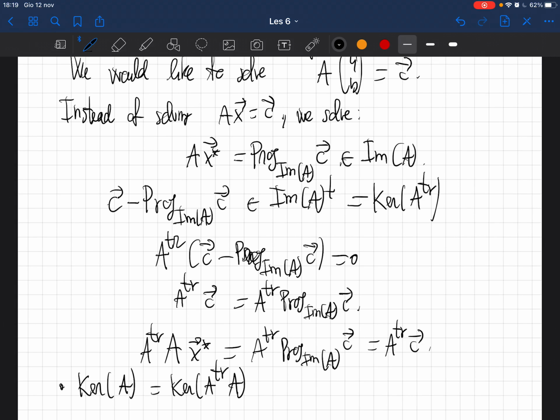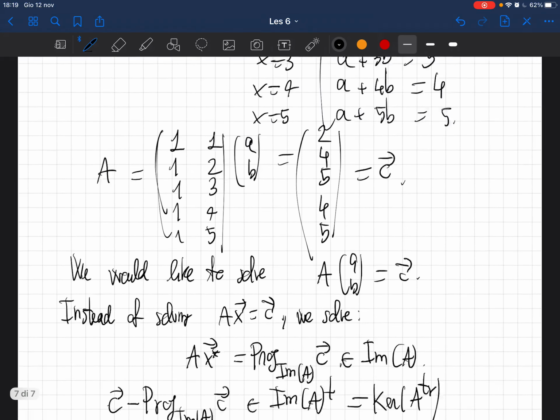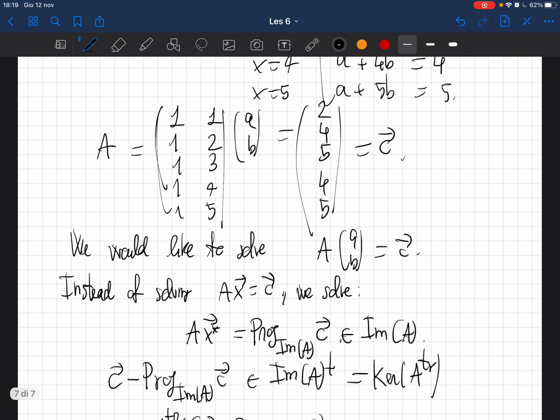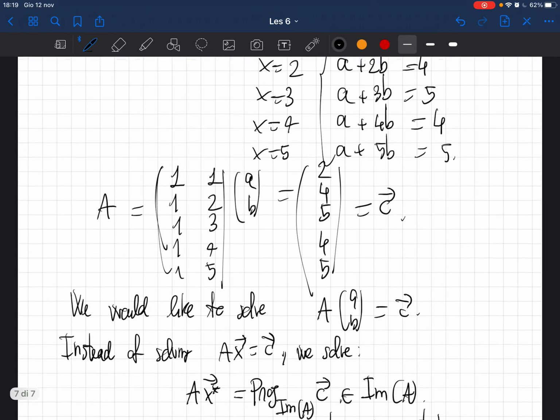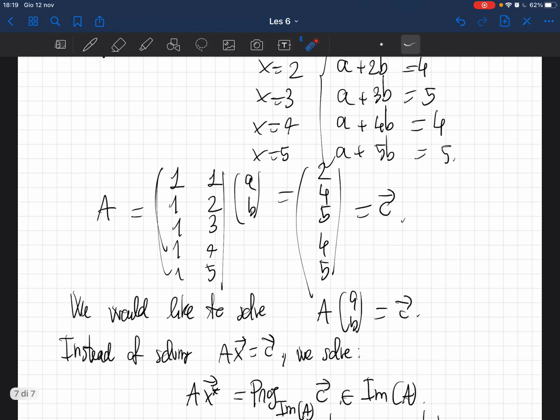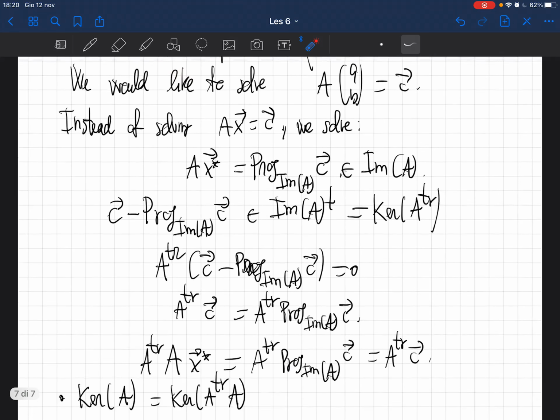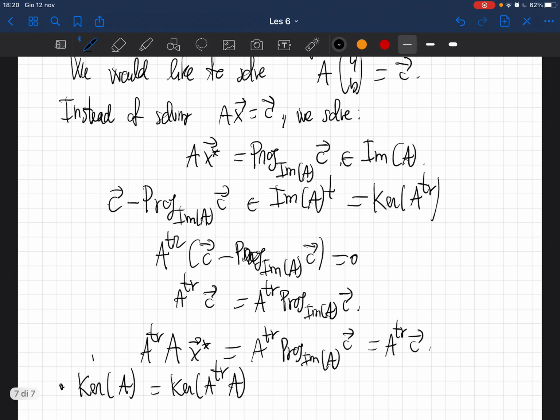Normally these matrices are such that, for example in this case, it's really clear that the kernel of A is 0. So this is going to be a square matrix, and this matrix is invertible.